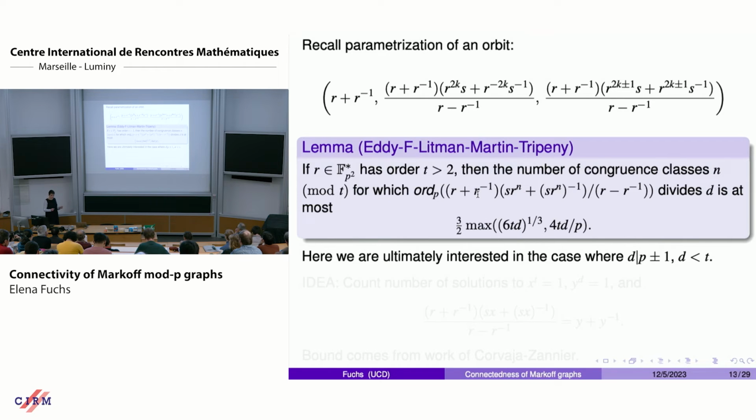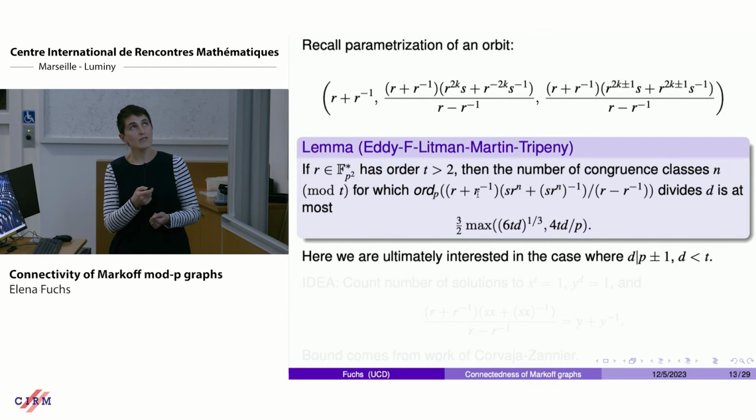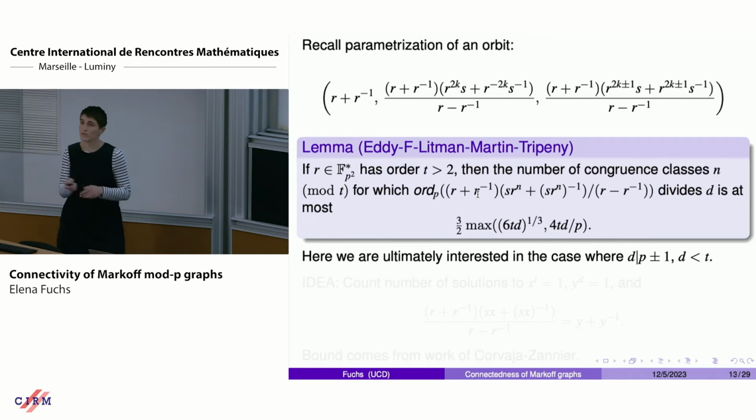Because when we're doing this game of going up, raising the orders, we'd like to say that in this orbit, we can find some point whose order is greater than t. So what we'll do is count the number of points that have order less than t, or maybe less than or equal to t.